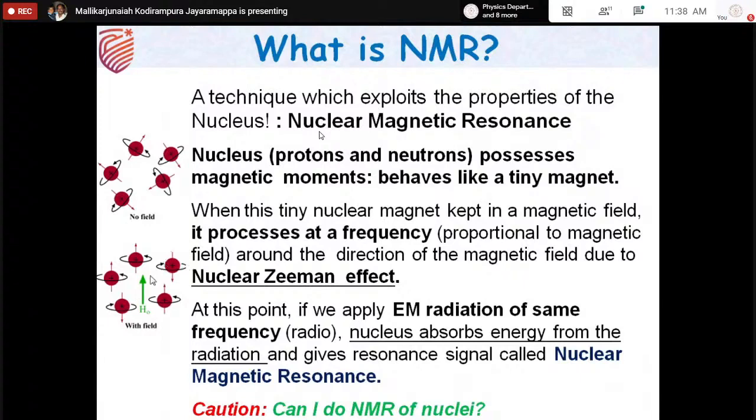Instead of calling it revolving, we say they start to precess around the direction of the external magnetic field with a certain frequency. That frequency is directly proportional to the strength of the magnetic field. To read out the sentence written here: when this tiny nuclear magnet is kept in a magnetic field, it precesses around the direction of the magnetic field at a particular frequency, proportional to the magnetic field, due to the nuclear Zeeman effect.